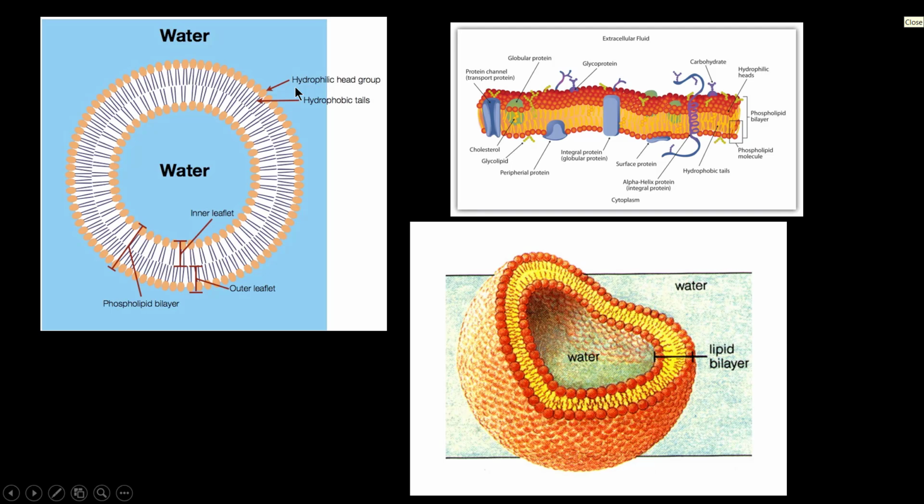Heads are polar. Another way to describe that is hydrophilic, meaning that they're attracted to water. That would be the heads. The tails can be described as hydrophobic, being repelled by water. And ultimately what this does is it creates a scenario where water is pushed away from this internal part of the membrane. Anywhere the tails exist, water is pushed away from those tails.